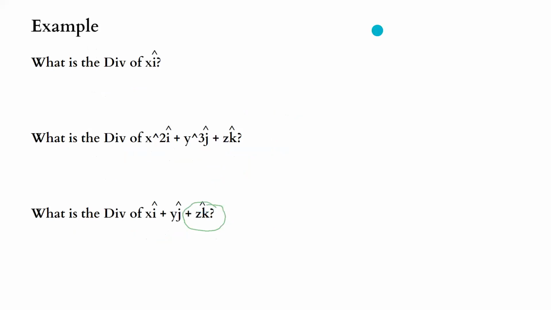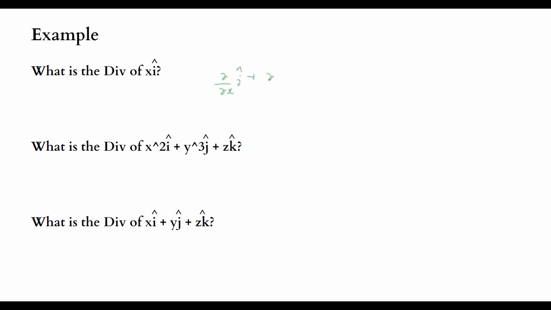Okay, so can we find the divergence of some of these kinds of functions? First I will do the first one. We have ∂/∂x i hat plus ∂/∂y j hat plus ∂/∂z k hat, dot product with x i hat.